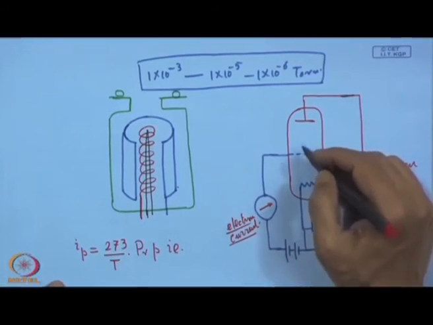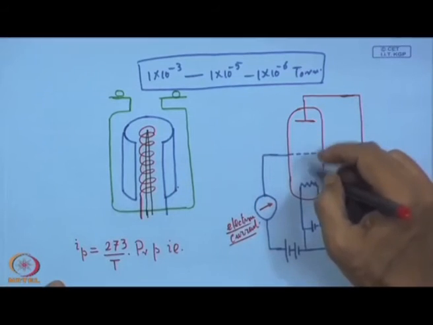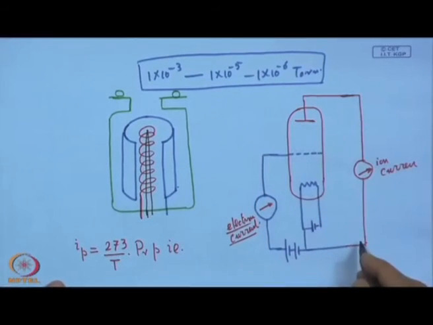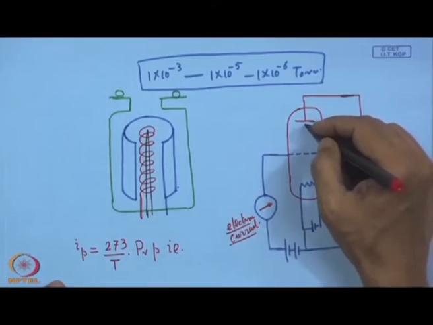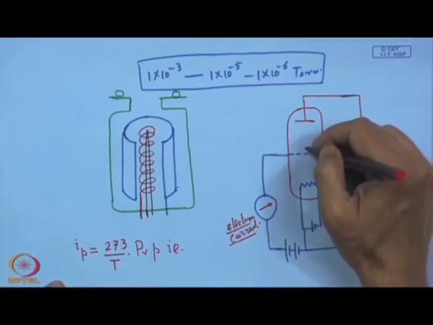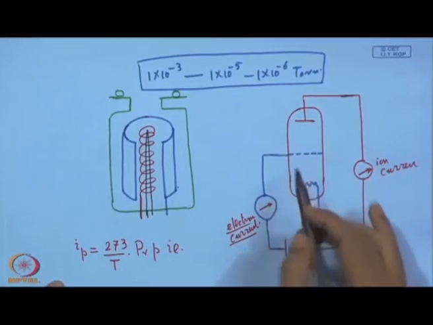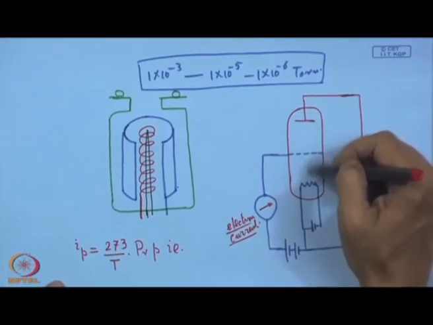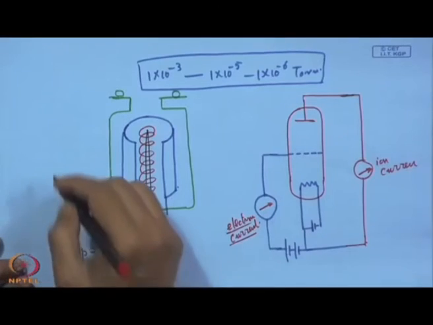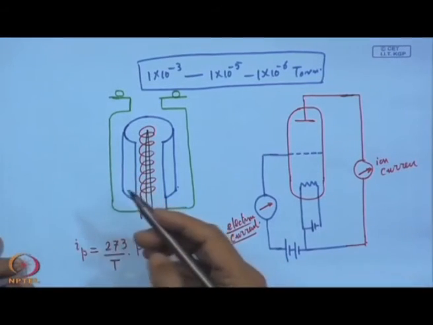If it is not collected, it will move towards this side, which is negatively biased, but it will be repelled. So, unless it is collected by this grid in the form of a helix, it will have an oscillating motion in between, and we can also show this oscillation this way.